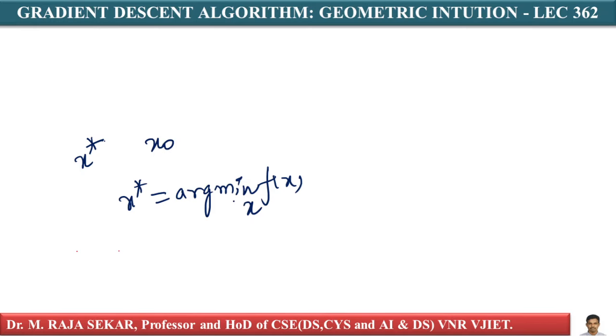Then using the gradient descent algorithm, it will move to a new value x1, then it will go to x2. What is the procedure?